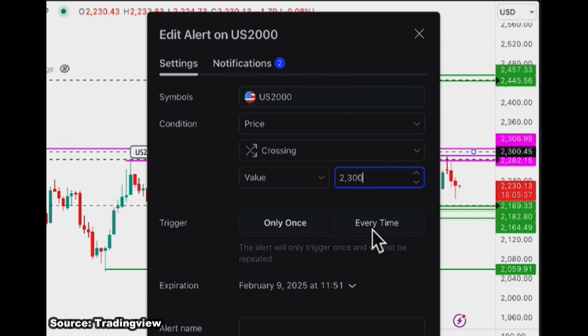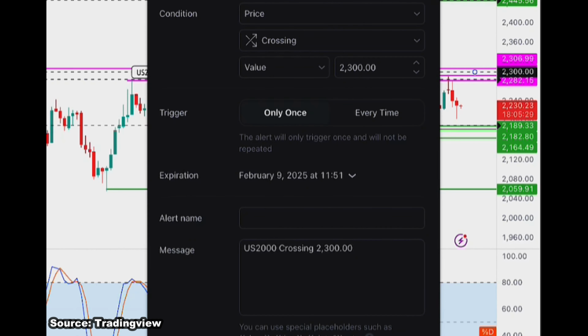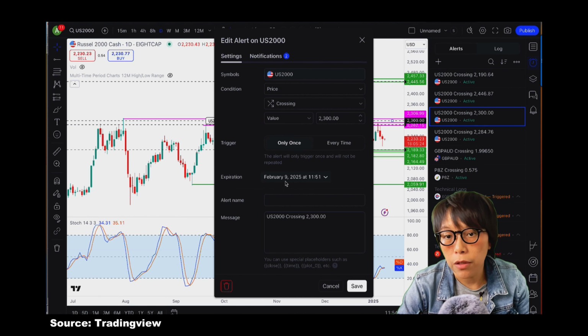You can choose every time if you want to, and especially this expiry is very important. I want this to remain in force for a period of time. Because I'm trading short-term movement, by the 9th of February, if it doesn't move there, that should be fine, right? Because this is like a month.